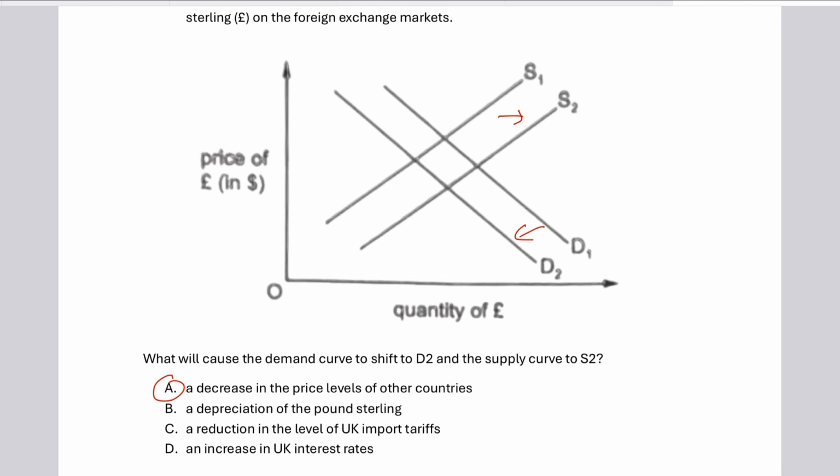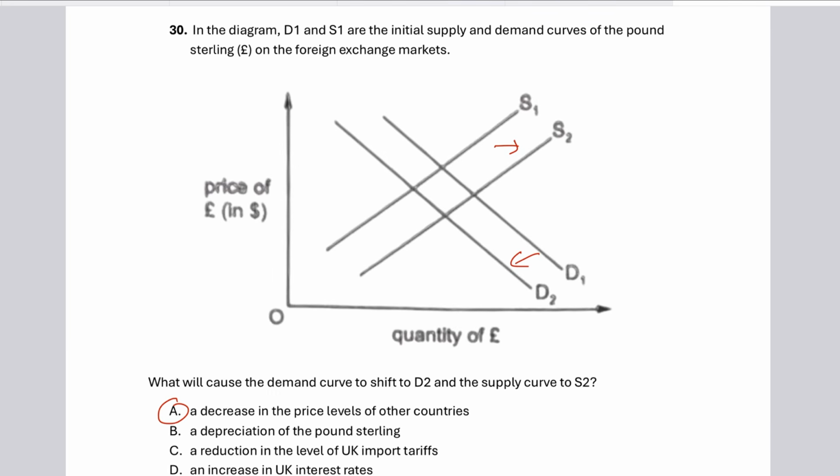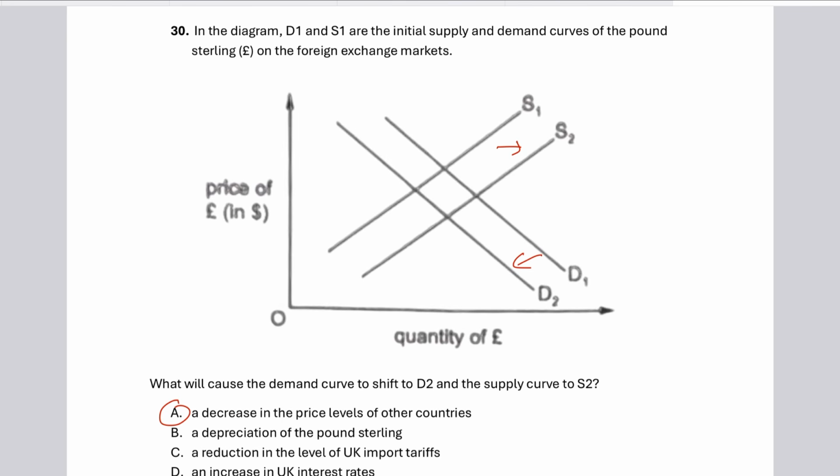A decrease in the price level of other countries would make the goods and services in other countries cheaper and more competitive. So people in the UK would buy their goods, which means they'll supply more pounds in the forex market to pay for the currency of the other countries. Supply of the pound will increase in the forex market.